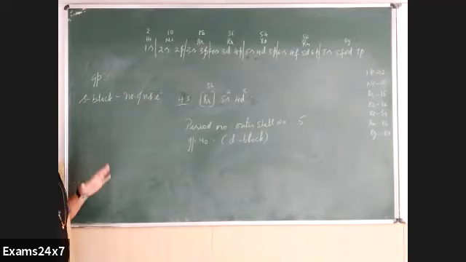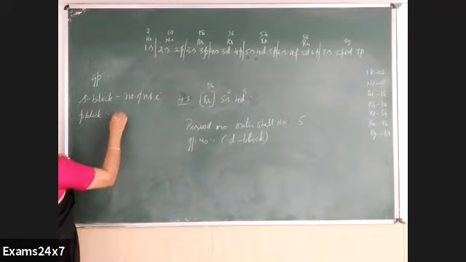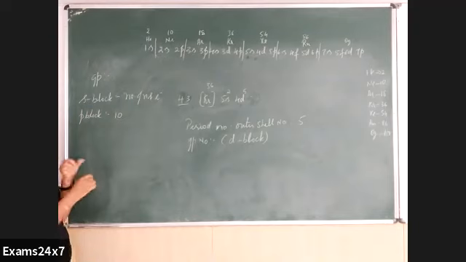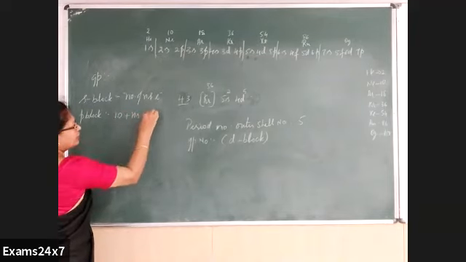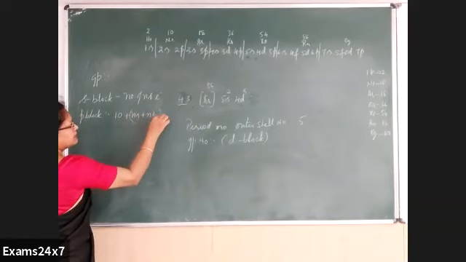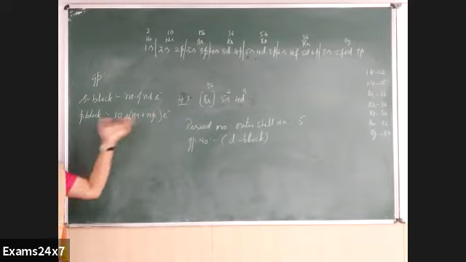If it belongs to s block, the number of ns electrons defines the group number. If p block, what is the group number? 10 plus the number of valence electrons. Valence electrons are the number of ns electrons plus the number of np electrons. Ns plus np electrons make the valence shell electrons, so you can say 10 plus valence shell electrons. We will practice it, you'll understand.